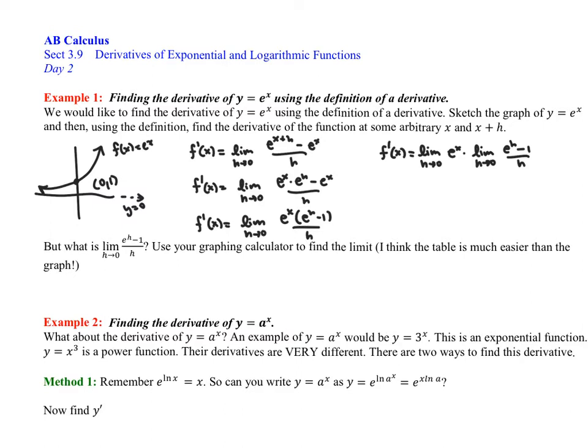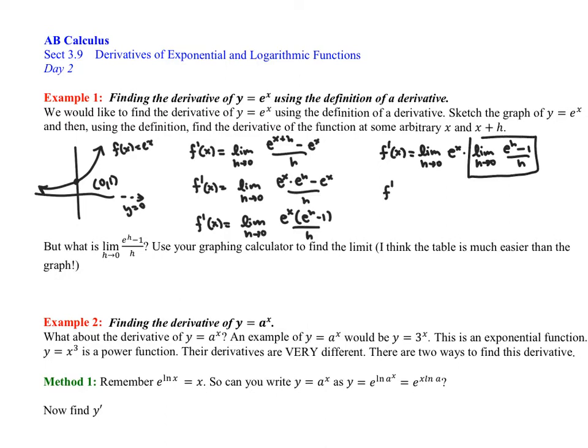So now, what is the limit here of e to the h minus 1 over h as h goes to 0? Well, if we use our graphing calculator, which I'm not going to be able to visually help you with, this limit actually ends up just going to 1.